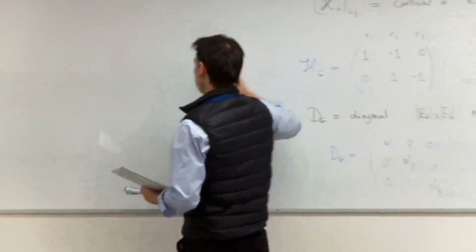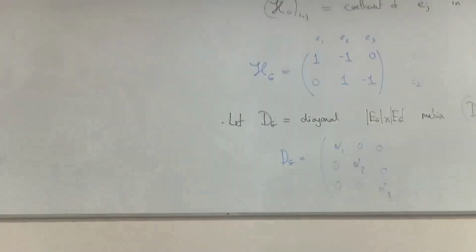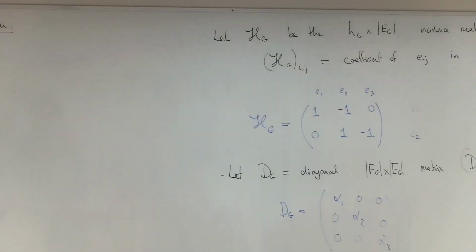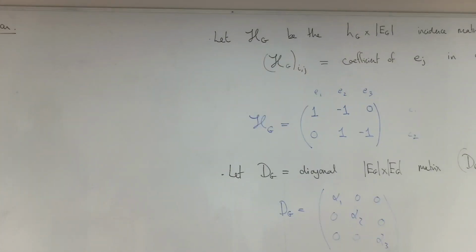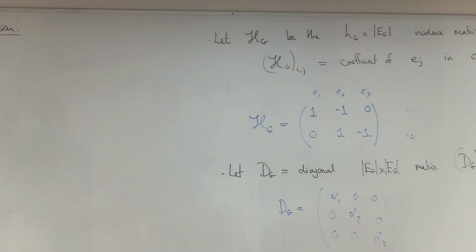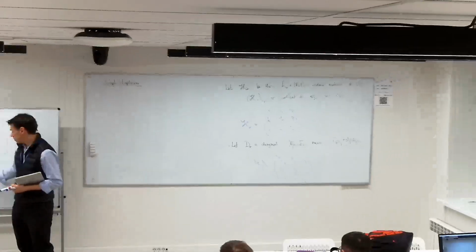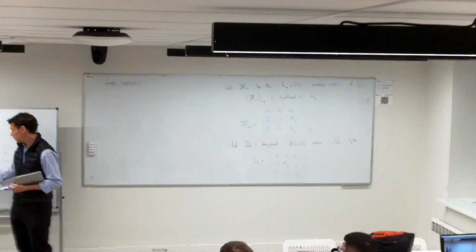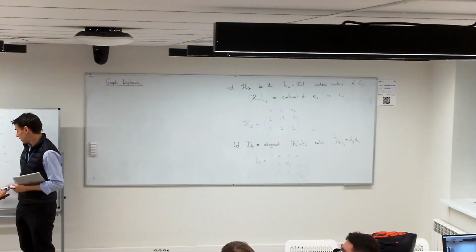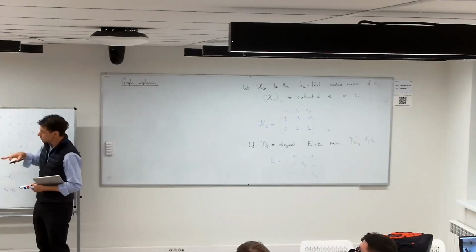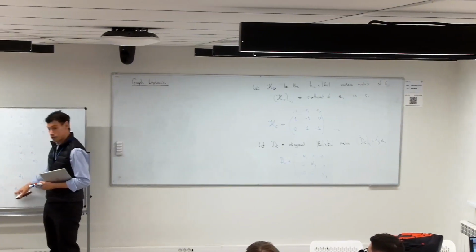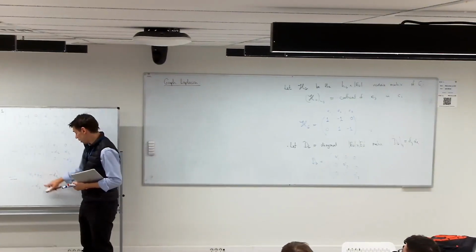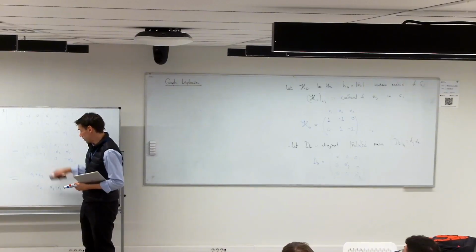So once you've done a few examples, you can do this quickly, because you can see that... I just deleted it. But see, the first cycle had edges 1 and 2. So it's just the sum of the alphas for that cycle. And the next diagonal entry, the second cycle, is E2 and E3, so it's alpha 2 plus alpha 3. So you can just write down the diagonal terms from each cycle.